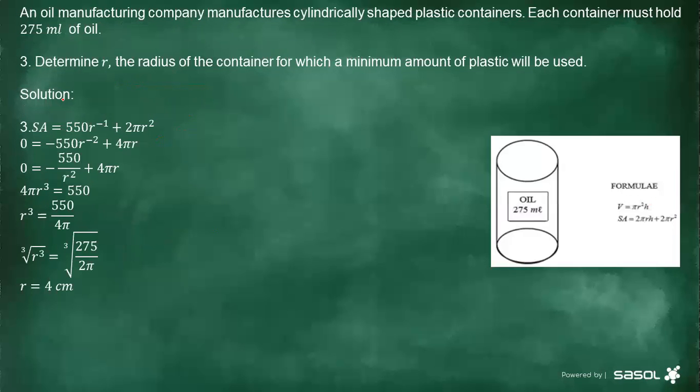The next question has the same scenario, but now it asks us to determine the value of r, the radius of the container, for which the minimum amount of plastic will be used. Let's see the solution.